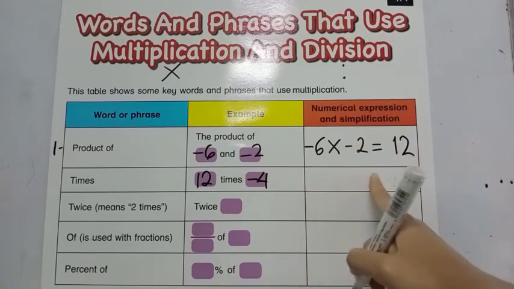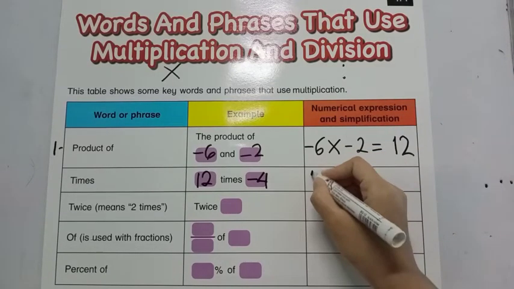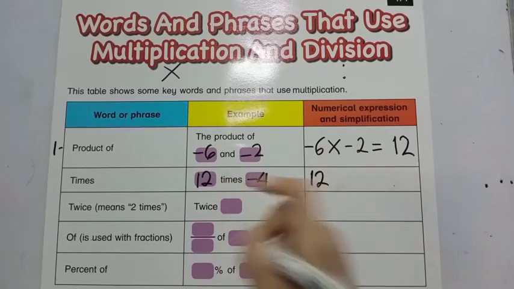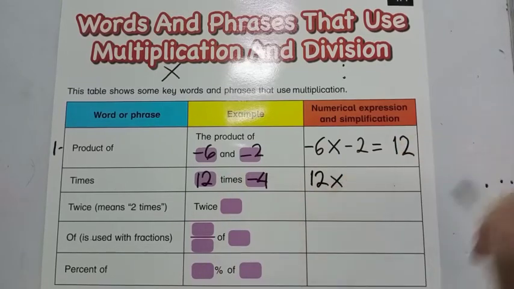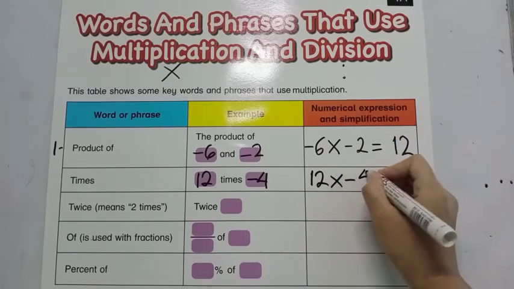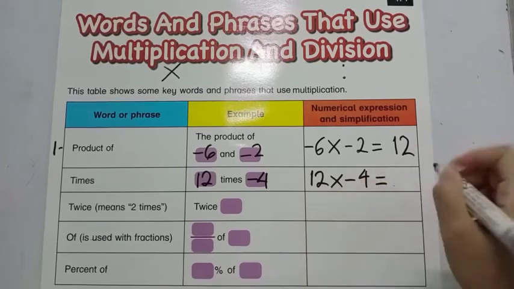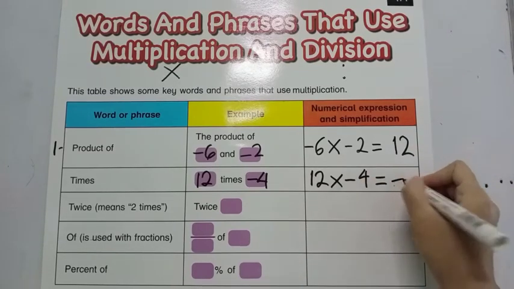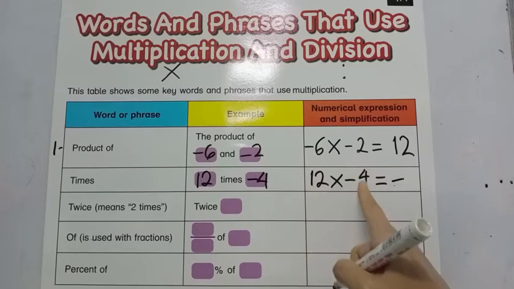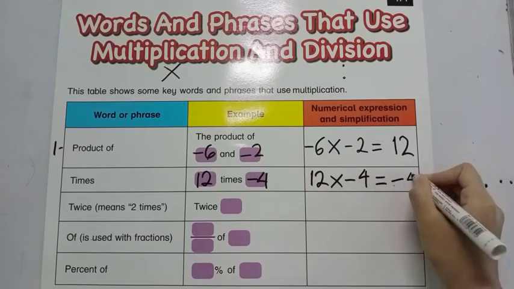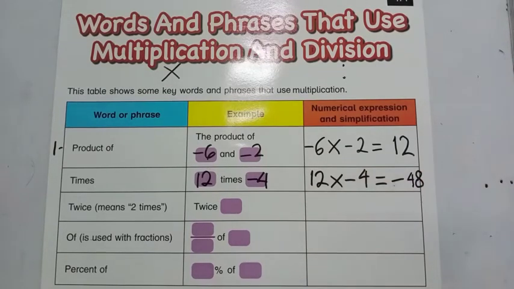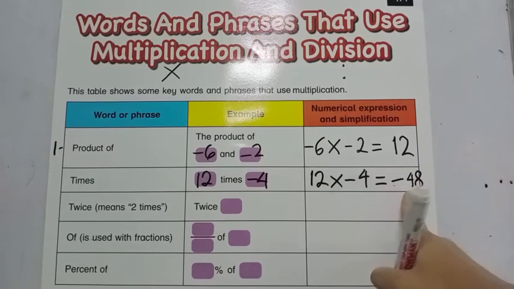In numerical expression, we can write 12, the symbol of times, like this, and -4. Positive times negative equals negative. 12 times 4 equals 48. The answer is -48.